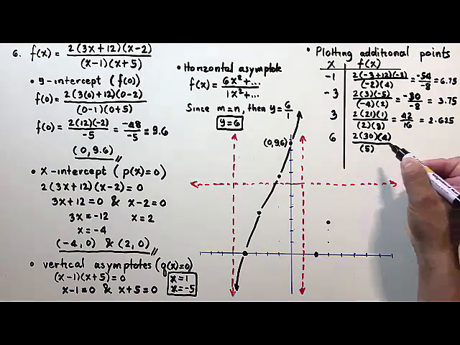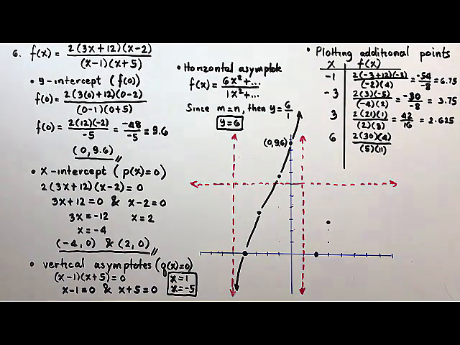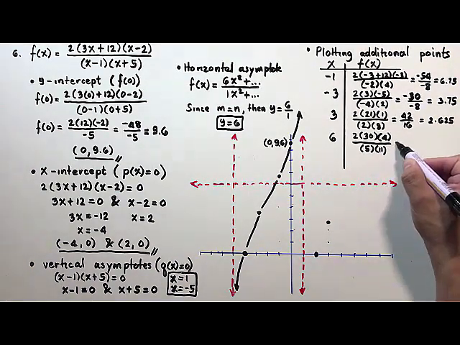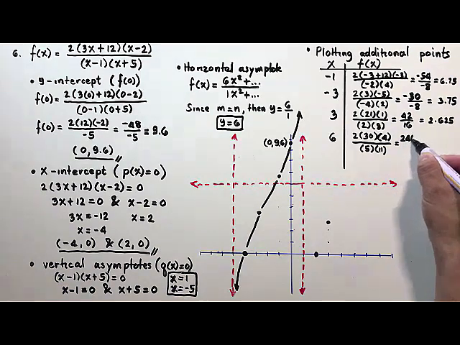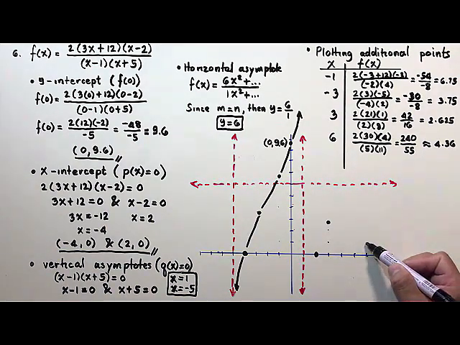And 6 plus 5 is 11. So we have 2 times 30, it's 60. And 60 times 4 is 240. And this will be divided by 55. If you have your calculator, this is approximately equal to 4.36. So when your x is 6, 1, 2, 3, 4, 5, 6, your y is 4.36.